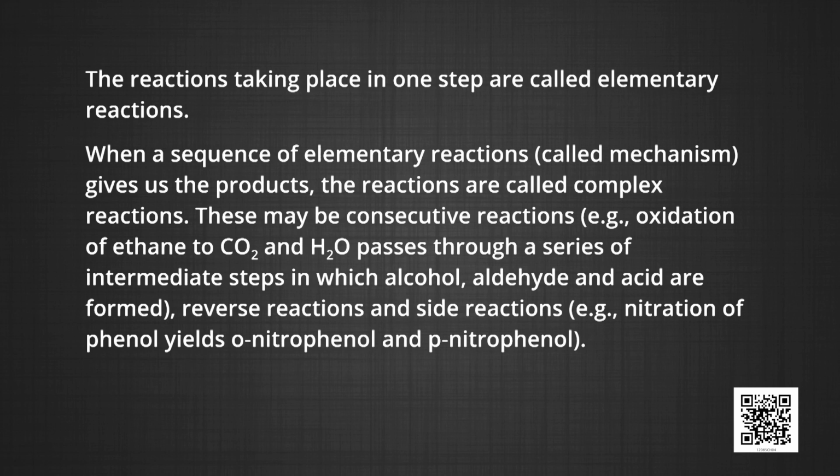These may be consecutive reactions. Example, oxidation of ethane to carbon dioxide and water. It passes through a series of intermediate steps in which alcohol, aldehyde and acid are formed. Others are reverse reactions and side reactions. Example, the nitration of phenol yields ortho-nitrophenol and para-nitrophenol.